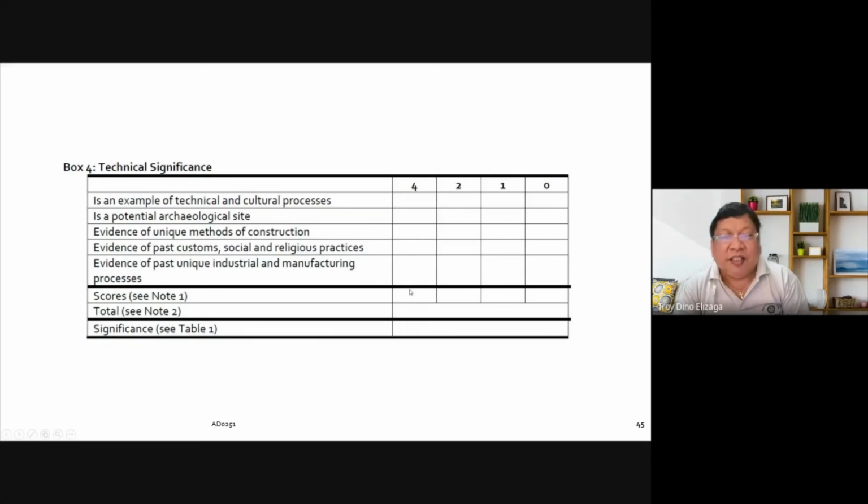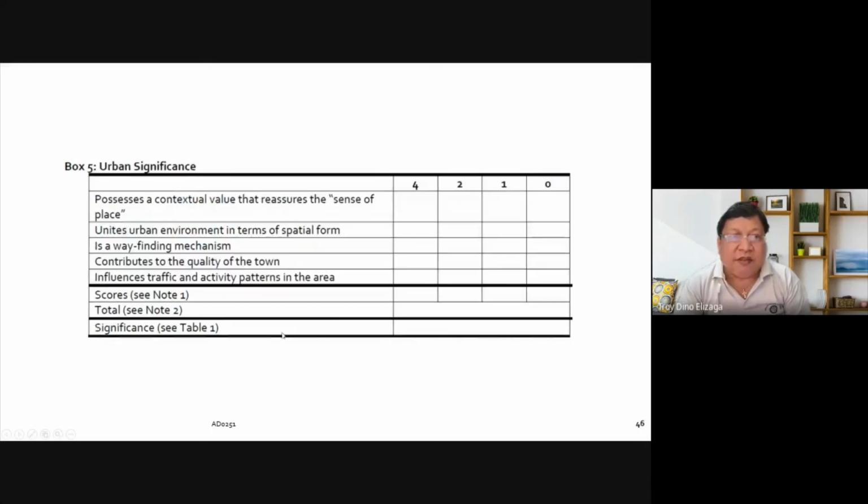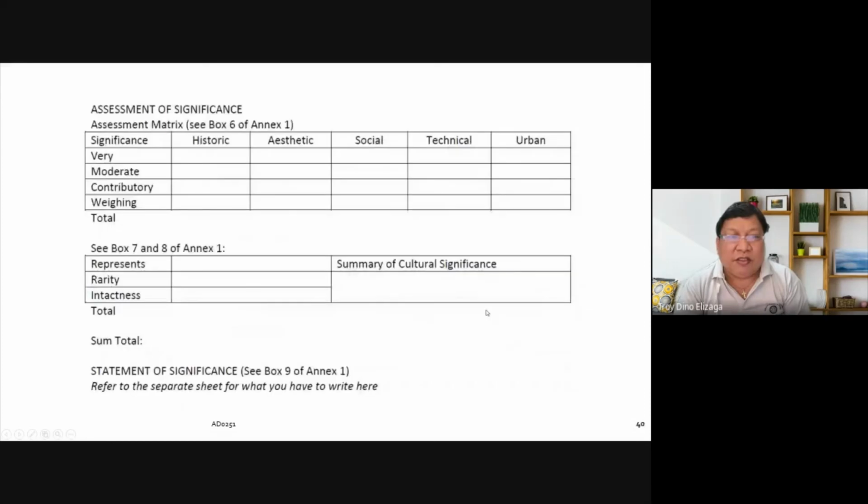As long as there is one check mark here, the score is 1. As long as there's a check mark here, the score is 2. Then you add up everything and you see the total scores here. And so we look at the significance, and the total score is what you put back in this table.